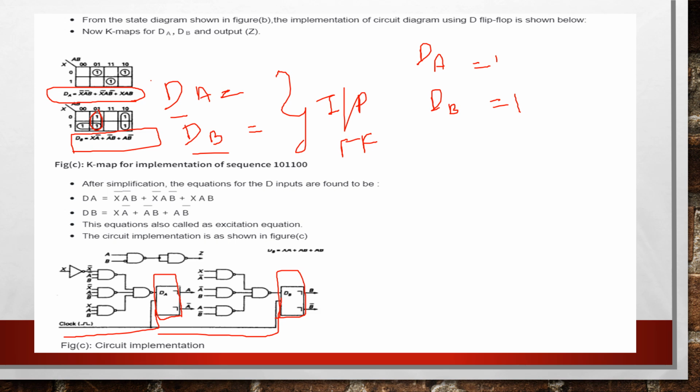The dA input equation is connected by means of the digital circuit. Likewise, the dB equation is found and its connection is given as such. Thus we finish the design of the flip-flop inputs. So here we have got dA and dB, and thus we have implemented the circuit.